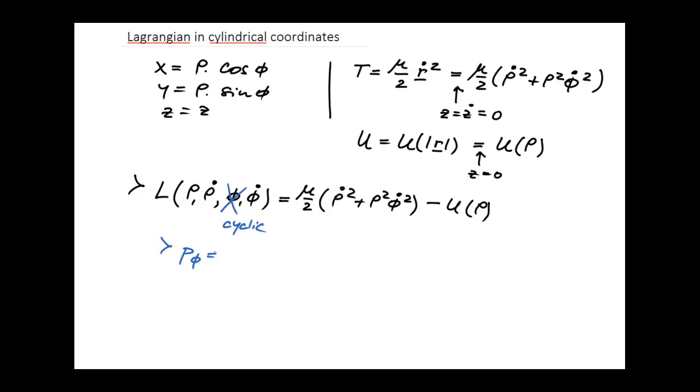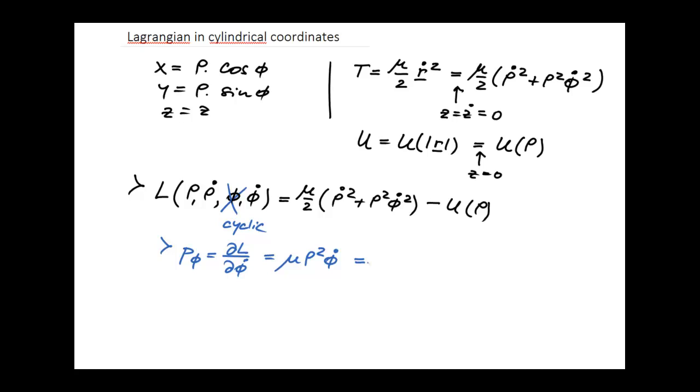The associated momentum, that's the partial of the Lagrange function with respect to phi dot. This is mu times rho squared phi dot. And we had seen earlier that that is the z component of the angular momentum.